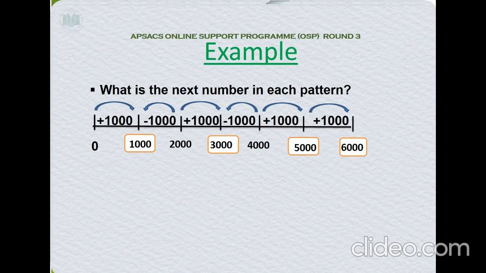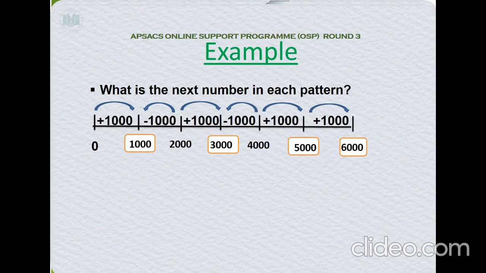As I told you in the previous example, if the numbers are going backward, we subtract, and if the numbers are going forward, we add in the number pattern.